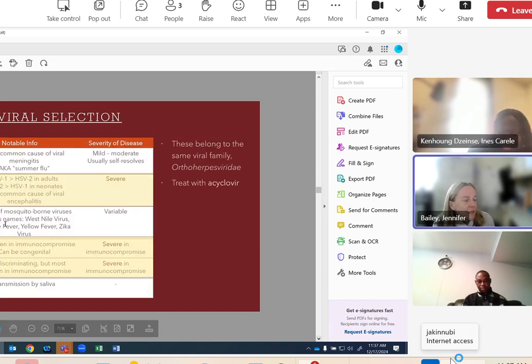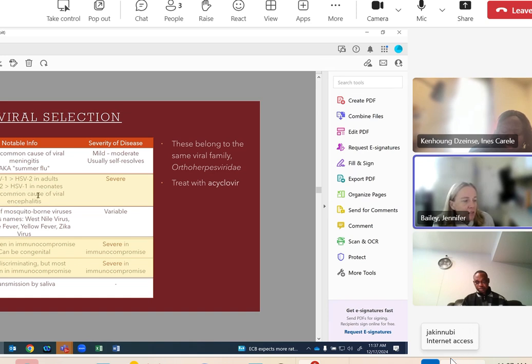So in terms of viruses that cause meningitis or encephalitis, most of them are not treated with antivirals. The ones that usually cause severe disease, and the most common one is herpes simplex virus.